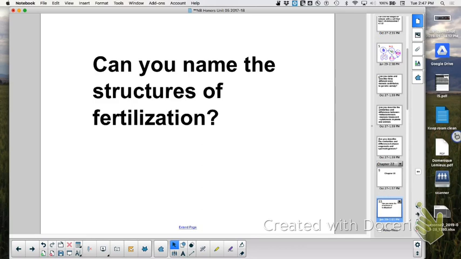As soon as the egg and sperm cell membranes meet, you have a quick change, almost like an action potential of a neuron, that immediately shuts off so no other sperm can penetrate. Then cortical cells help seal it off because you don't want any other sperm coming in. Those are the structures of fertilization.